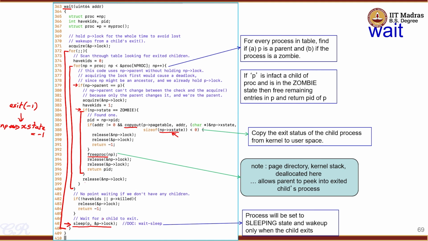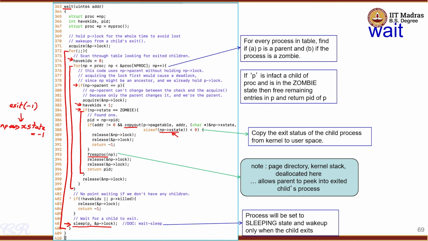How do we identify whether we have found a child process in zombie or not? It is with the help of this havekids. It is set to 0 over here, and then if we have identified a child process, then it is set to 1 at this particular point.